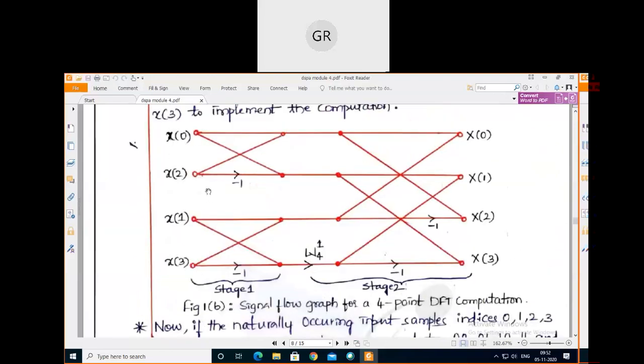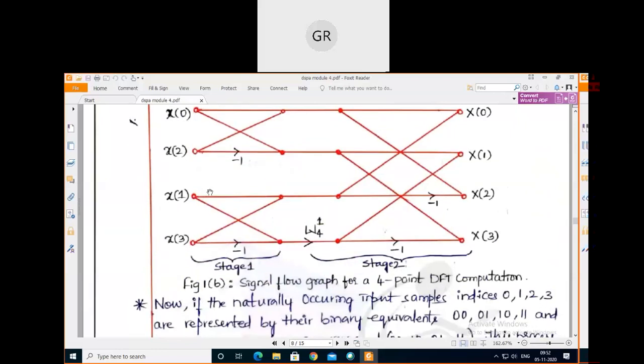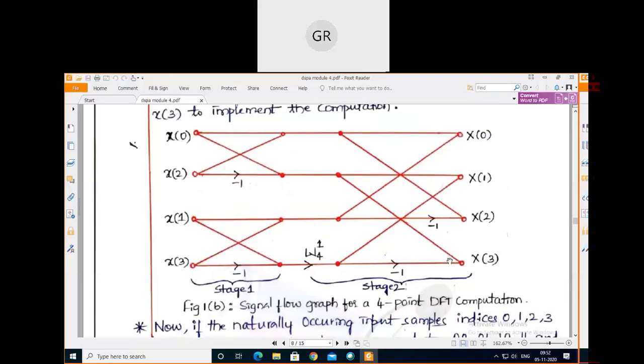In decimation in time, the inputs are in bit reverse order. Output is in sequence. If you consider two inputs to construct the butterfly, this line is multiplied by W2 to the 0.